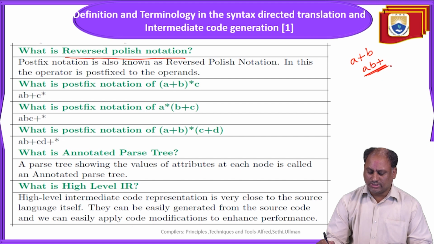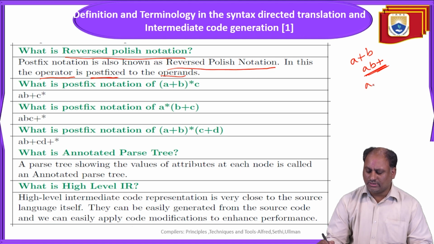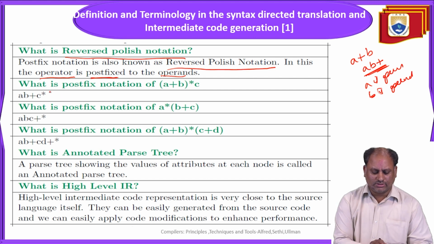So this notation is called reversed polish notation. Here the operator is postfixed to the operand. That means the operators are available after the operands. So here A is an operand, B is also an operand, and operators are placed after the operands.